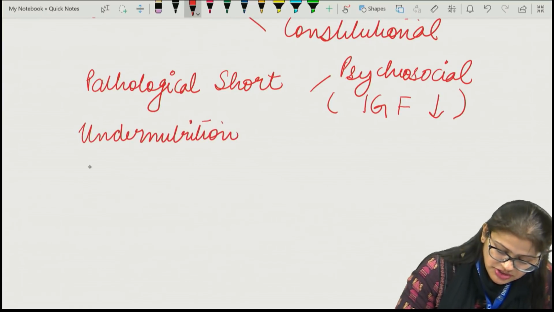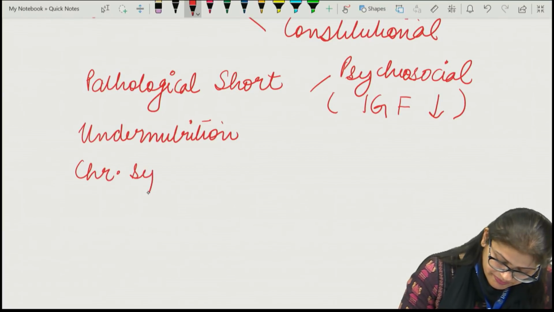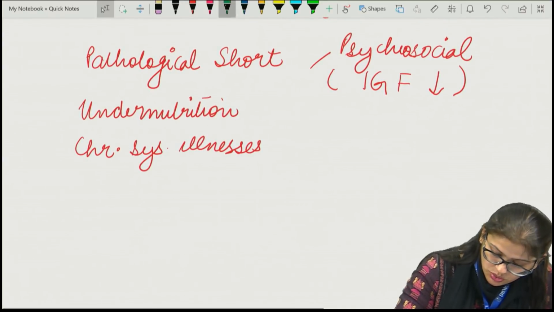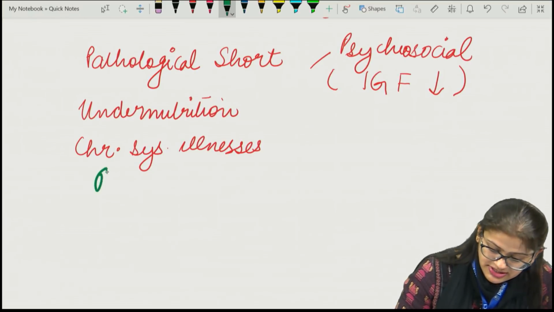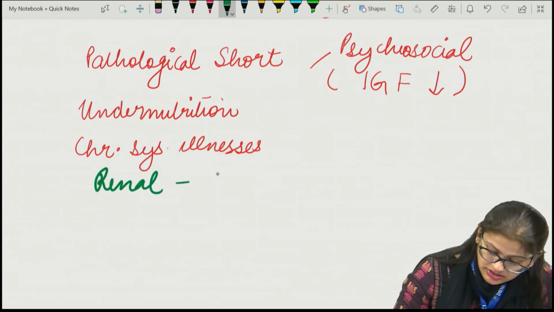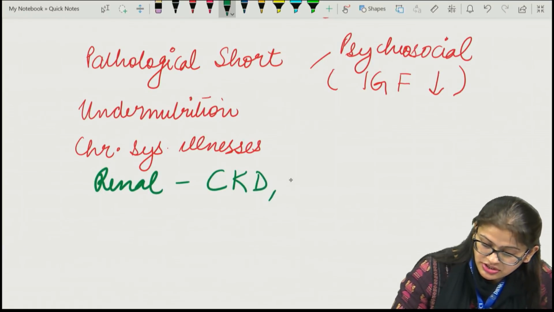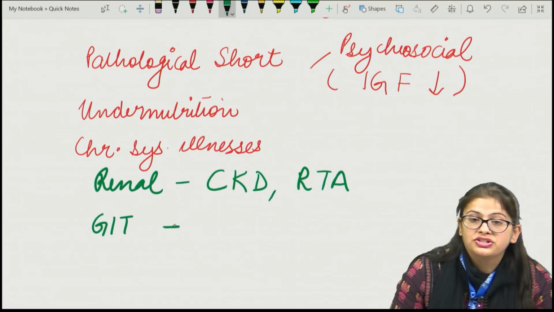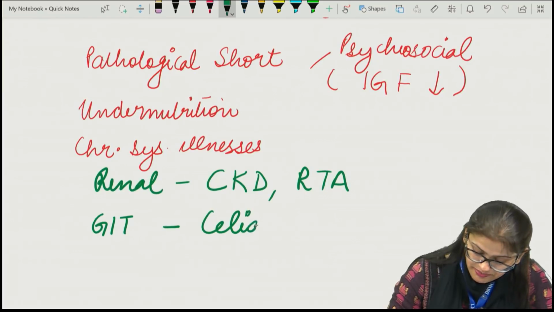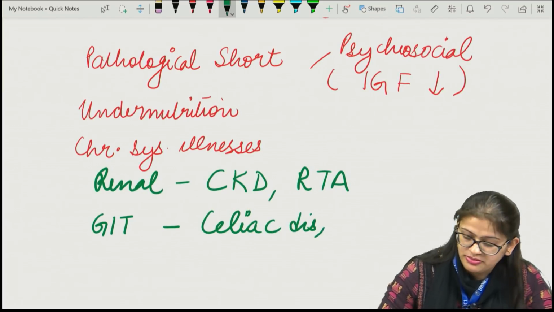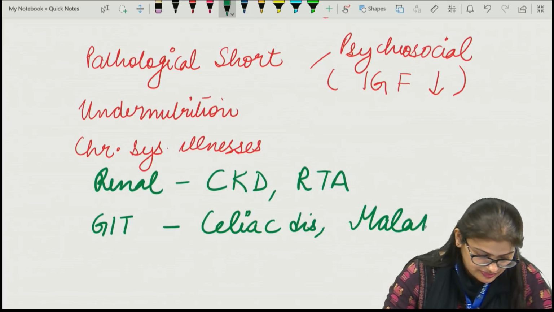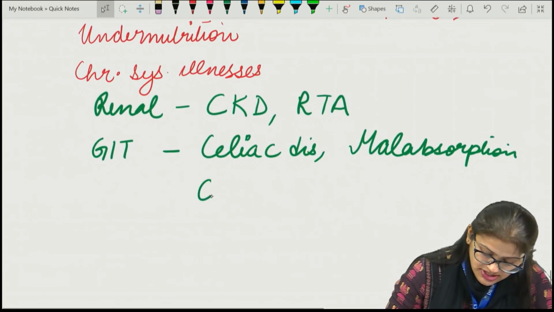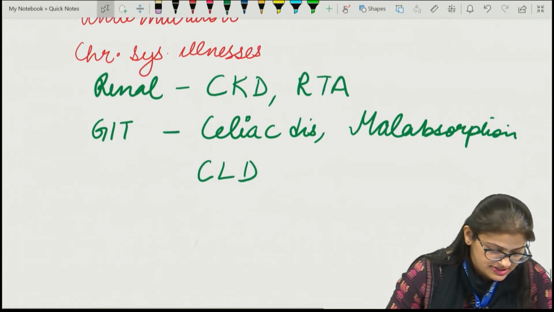It can also result from chronic systemic illnesses. The common systemic illnesses include, for example, in the renal system, chronic kidney disease. It can result from RTAs. In the GI system, short stature can be seen due to celiac disease or any other condition causing malabsorption. It can also result from CLDs or chronic liver disease.